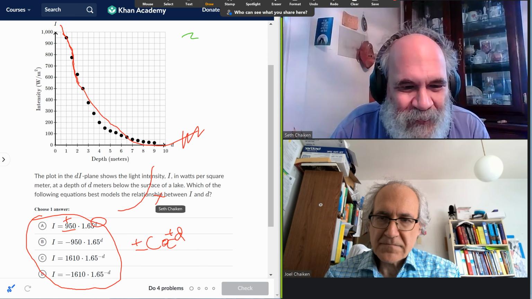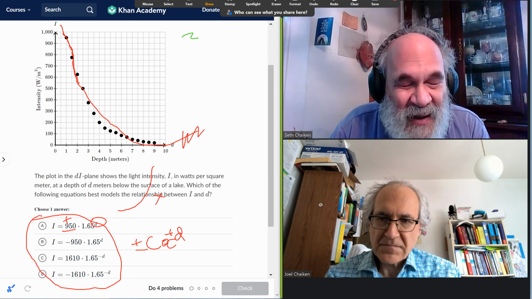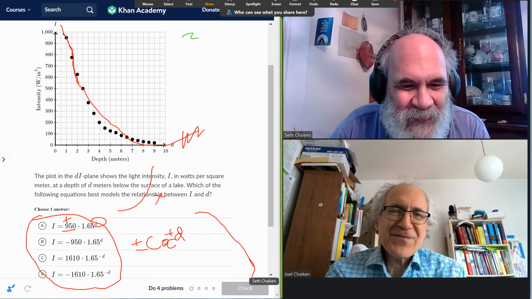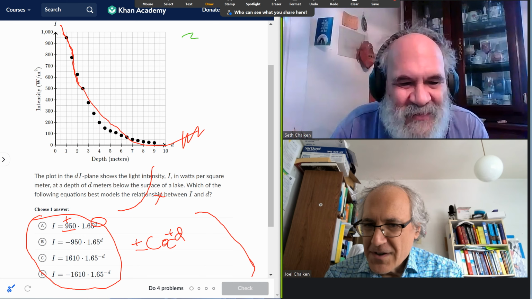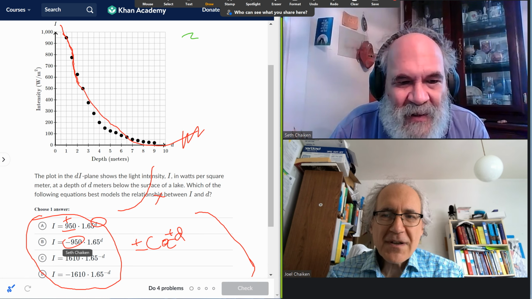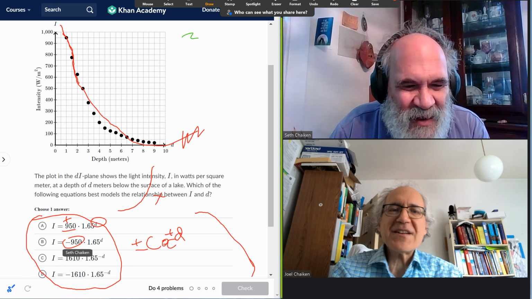Not that. Here, a negative coefficient and a positive exponent. So it starts out a little negative and then falls. No, it doesn't fall. Oh, it starts out a little negative. Yes, it does. Which one are you doing? It's negative. Seth, which one are you doing? Oh, B. Yes, it falls. You're right.